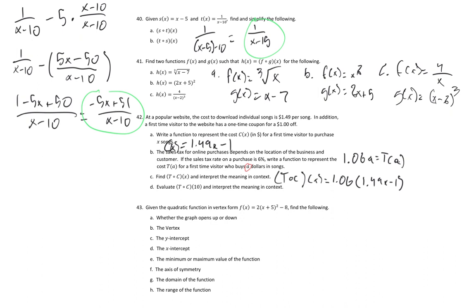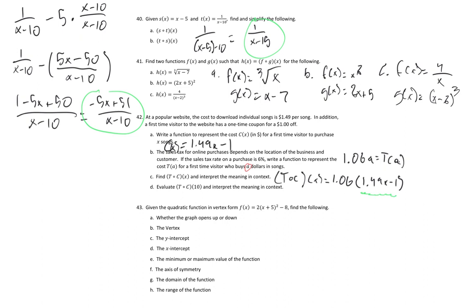Now, what's the meaning? Well, you could say that x means how many songs you buy, right? This part right here, like we did earlier, represents how much it costs.